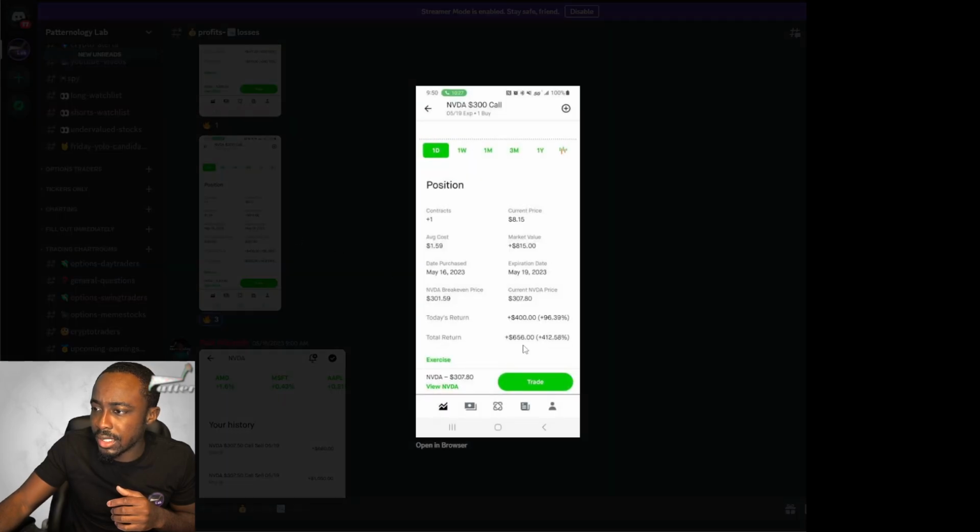Another person made, this is from the NVIDIA calls. Again, as I told y'all, people just kept holding those calls when it went a lot higher towards 320, which is good. Again, I'm not perfect. I don't make perfect trades. I try my best to execute the trade exactly how I planned. And sometimes along the way, I see the P&L and I'm like, you know what?